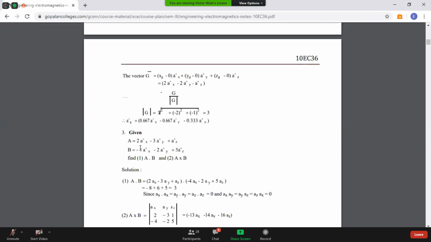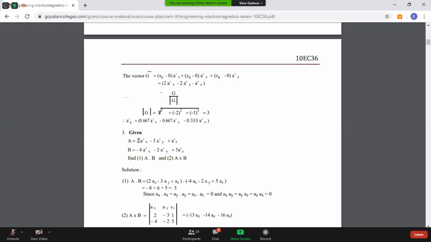So I'm saying you have the vector A, which is 2ax minus 2ay plus az. And you have the vector B, which is minus 4ax minus 2ay plus 5az.